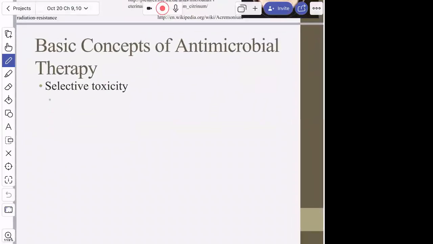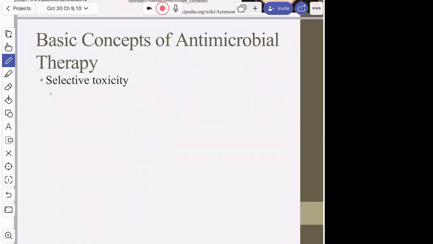So some things, again, that we need to think about when using antibiotics. The number one thing that we have to keep in mind before any antibiotic is used is: is it selectively toxic?